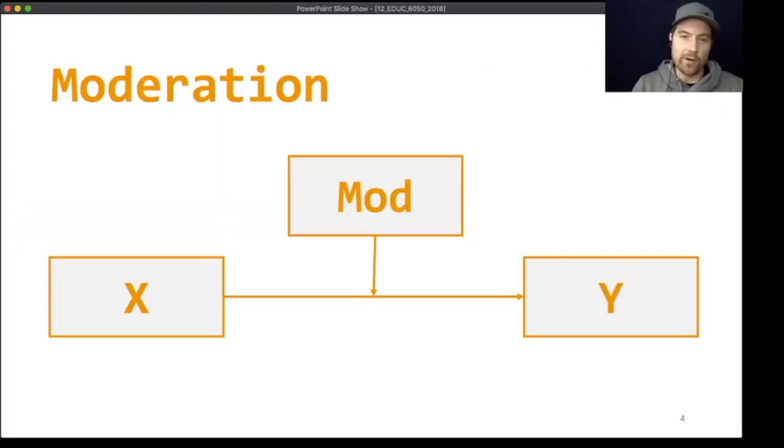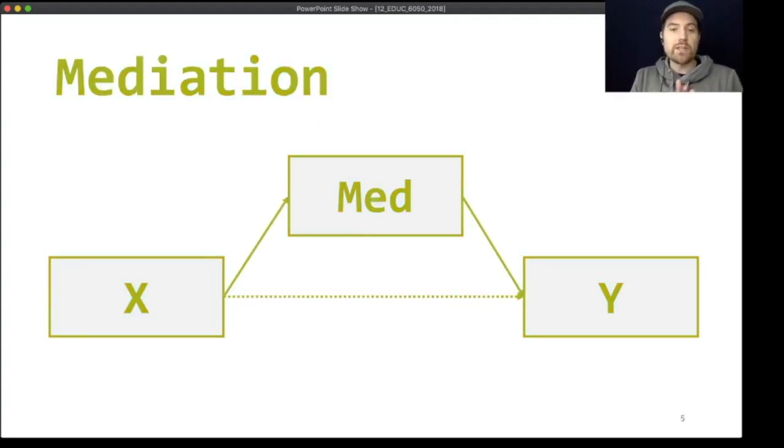This is a diagram of what moderation normally looks like. So the moderator isn't affecting x or y, but it's affecting the line between x and y. That means x is affecting y in some way, but the moderator changes how that happens. Conversely, you have mediation.